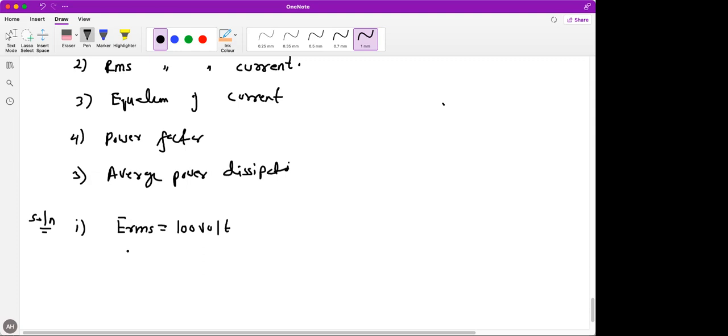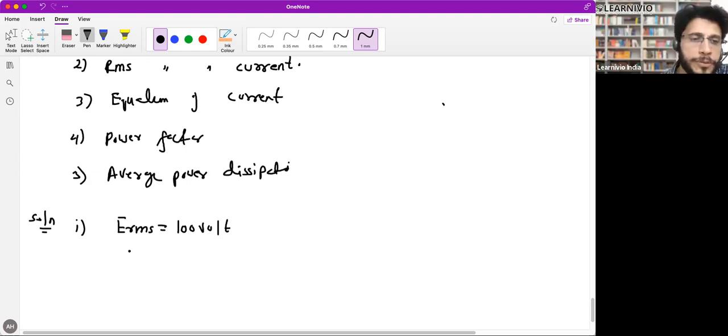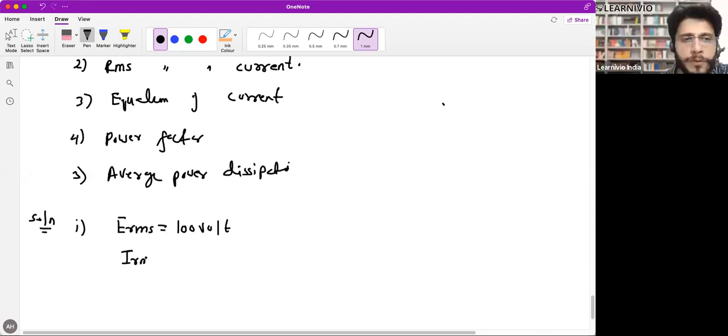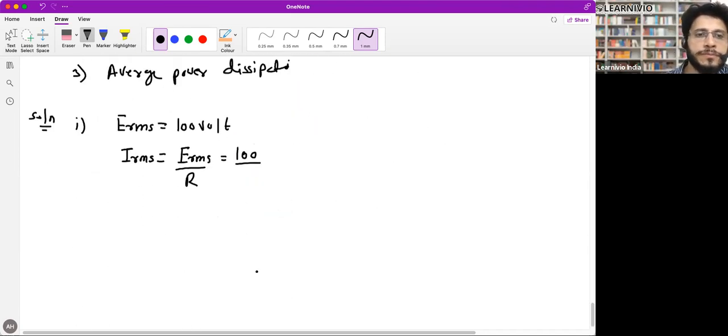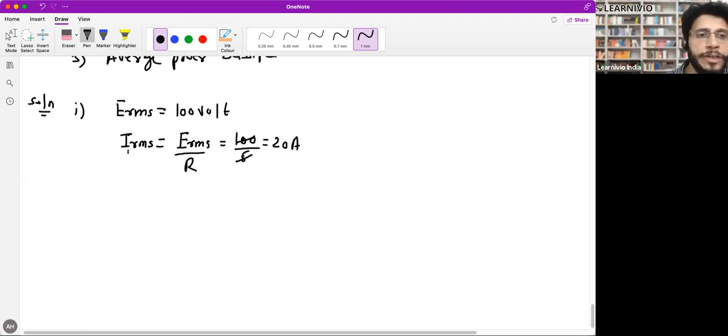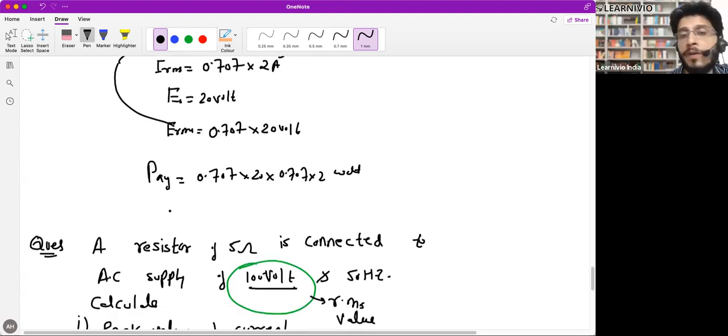Very good. See, you can do two things. You can either calculate IRMS from here first. IRMS is simply ERMS divided by the resistance. So ERMS is 100, resistance is 5. It's 20 ampere. But this is IRMS. I don't need IRMS. I need I naught, peak value of current.